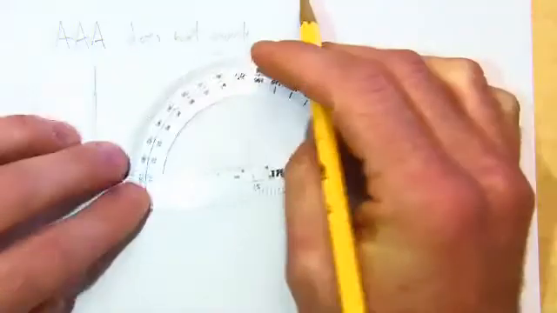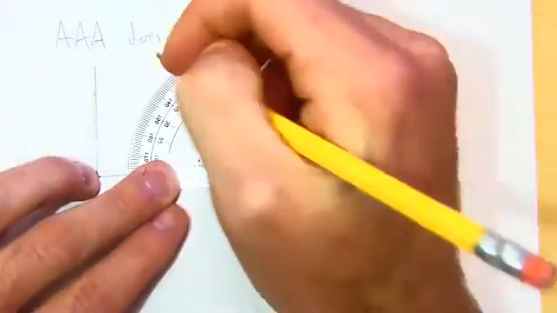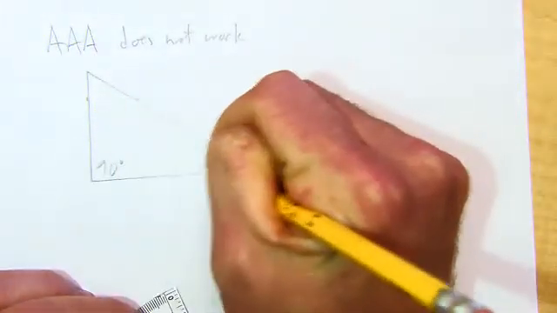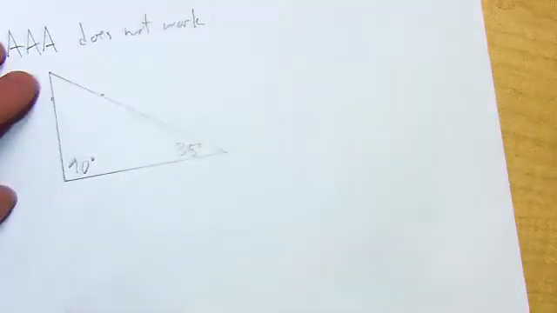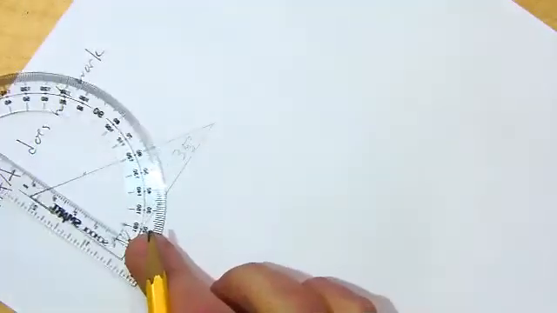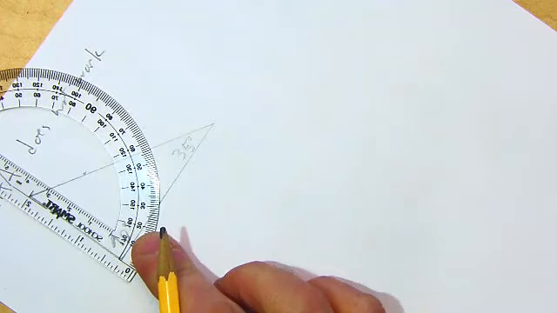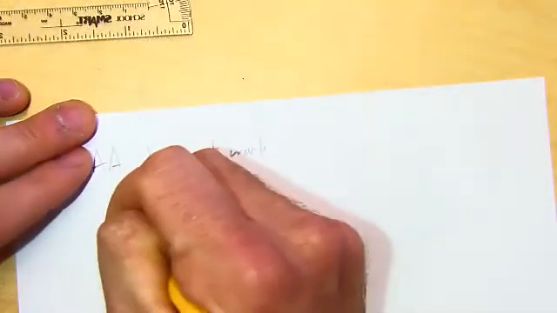And let's do a 35 down here. And then the other one should automatically come out to 55, right? 90, 35. And hopefully this one is pretty much at 55. I did all right. It's 56, but 55.